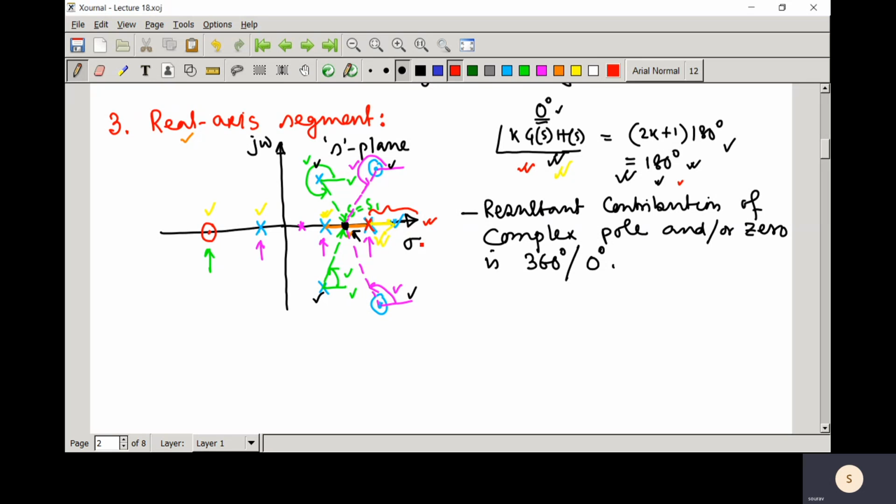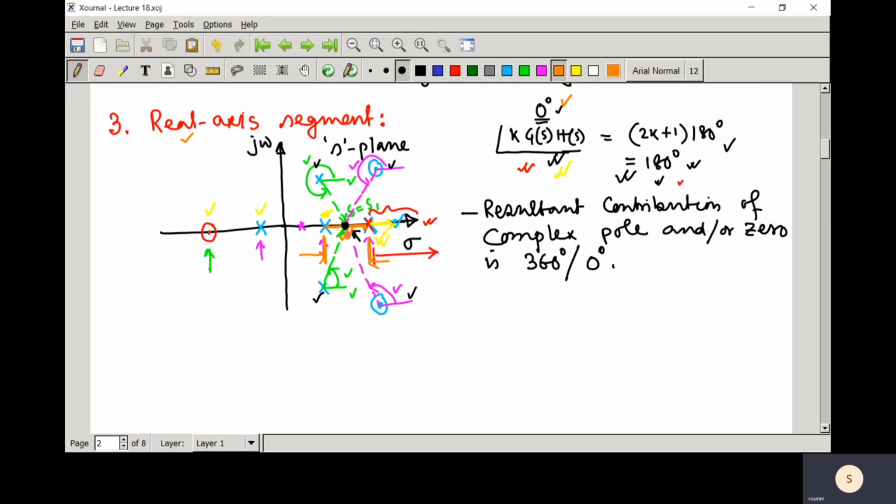So this particular segment does not belong to the root locus. So let us see what happens if we consider from this particular segment to this segment. If you take this particular point here, due to the complex conjugate poles or zeros, it is coming 0.